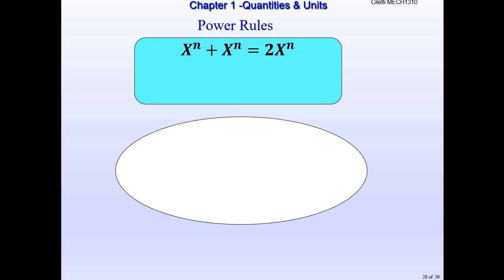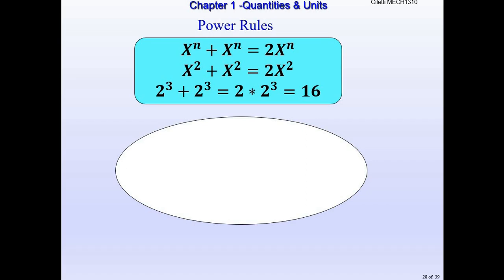So x to the n plus x to the n is 2x to the n. Let's try this. This is one you should know. x squared plus x squared is 2x squared. Notice the exponent doesn't change, but the value in front of the base does. And if we need numbers so that you understand it, we have 2 to the third plus 2 to the third. It's really 2 times 2 to the third. And if we break that down, it's 16.